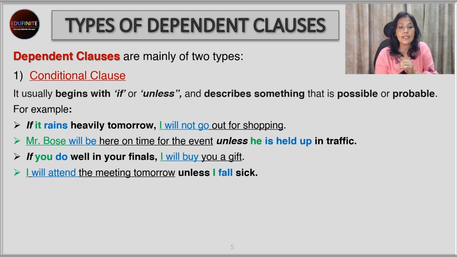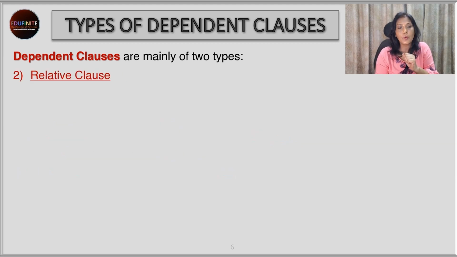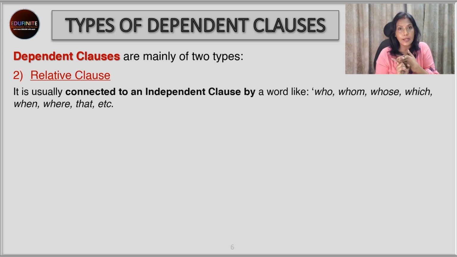Well, the next one is the relative clause. Now what is that? The second type of dependent clause is a relative clause. It is usually connected to an independent clause by words like who, whom, whose, which, where, when, that, etc. So if it's connected by these words to an independent clause, then that's the relative clause.